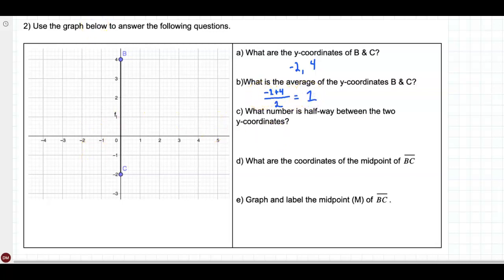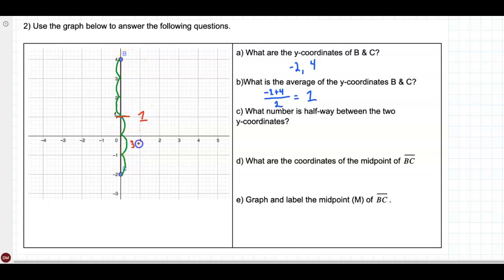And if we look at the halfway point, let's go 1, 2, 3, and then here we've got 1, 2, 3. Okay, so this is right where that halfway point is, right here. That is at 1.